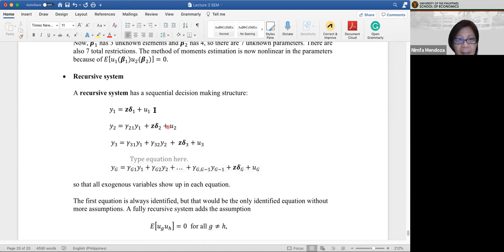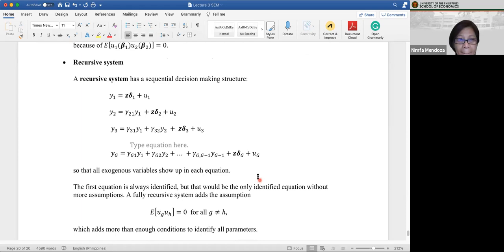And you have disturbances for each of the equations. Note that the first equation is always identified because on the right hand side you only have exogenous variables z. But that would be the only identified equation in the system without more assumptions. We need more assumptions for each of the equations to be identified.